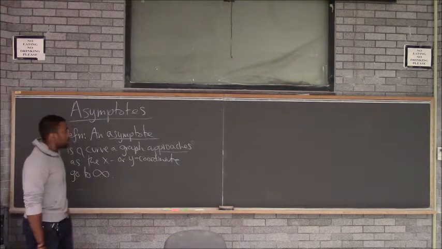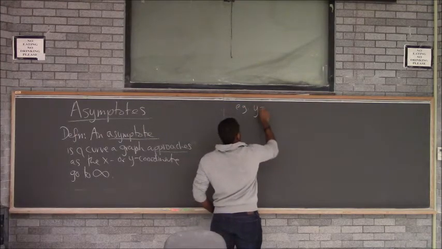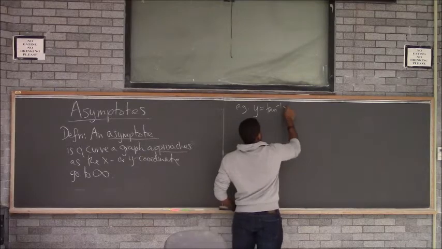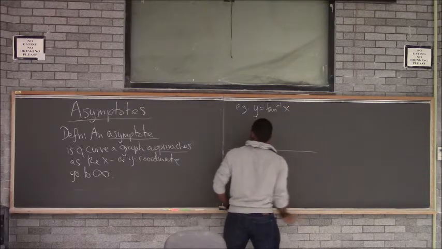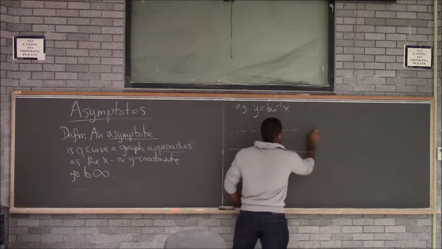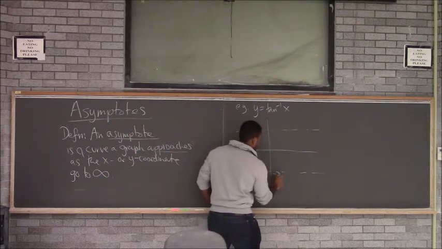So that's an asymptote. So, for example, y equals tan inverse of x has an asymptote. It has two, in fact. It has a horizontal asymptote and another horizontal asymptote.